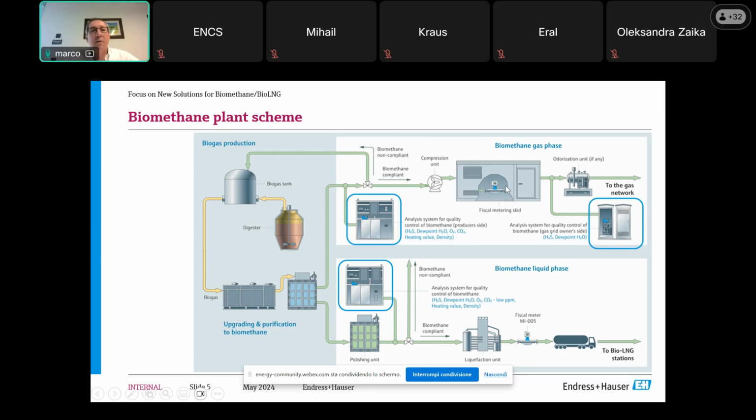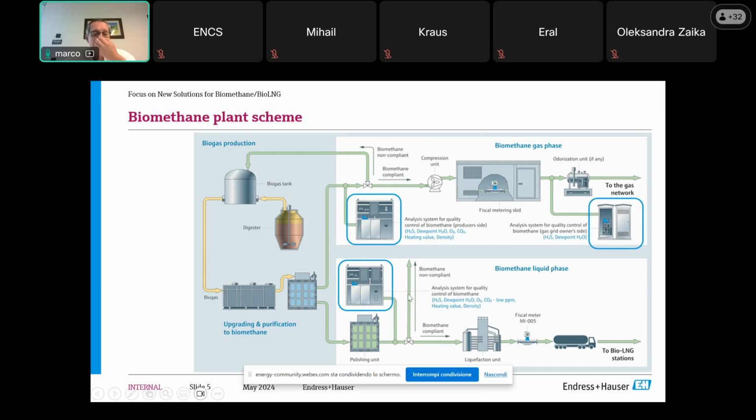After the custody meter flow measurement, the gas is sent either to the transportation grid, where its quality and the presence of pollutants are checked again, or to an odorization unit, where mercaptans are added in order to increase the smell of the gas.